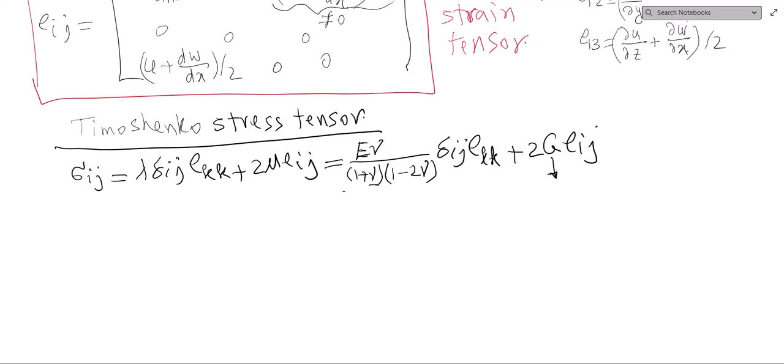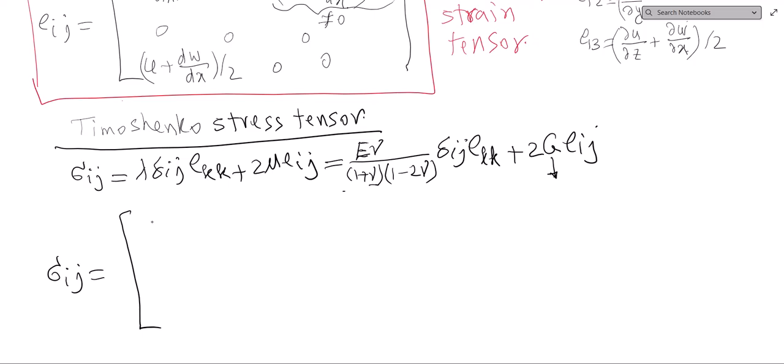Okay, so using this formula, we can work out the stress tensor, which is again a tensor matrix, or in matrix format, it's a matrix of 9 elements. And if you work out the elements, it would be quite lengthy. I will write the sigma xx.